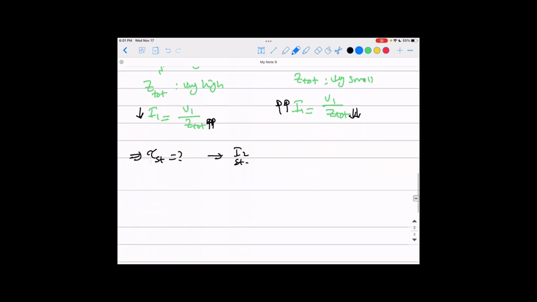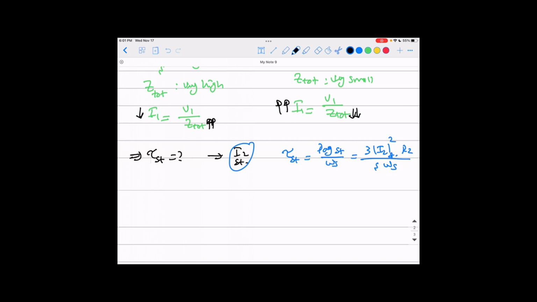Okay, so if you find I2 at starting, you can find the torque easily to be just the P air gap at starting divided by omega s, which is 3 I2 as a magnitude, which is I2 starting, squared R2 divided by S omega s.